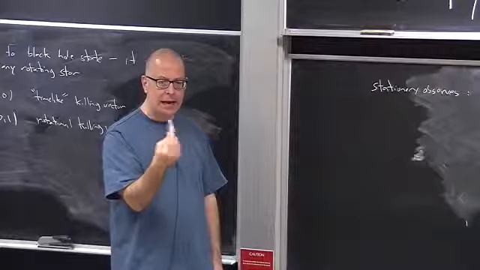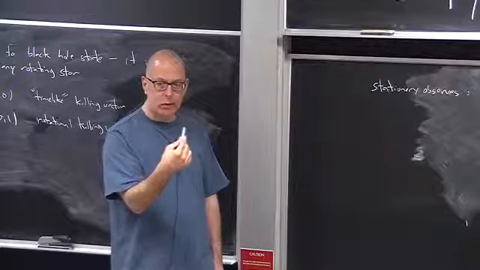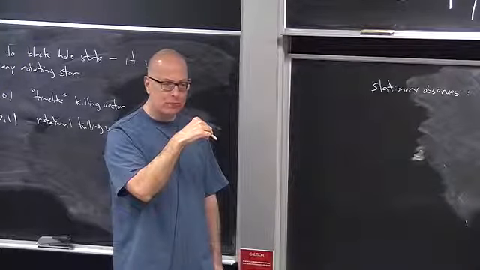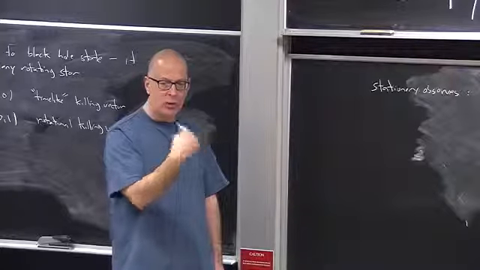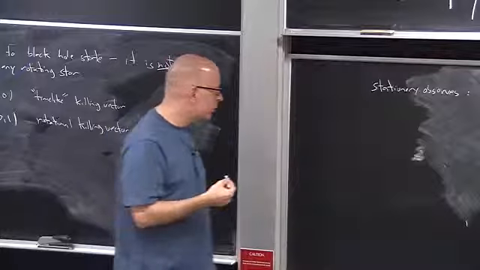And if you're moving only in the angular direction, the black hole is axisymmetric, so you don't see, as you move, a change in the gravitational field. So that's why they're called stationary observers.